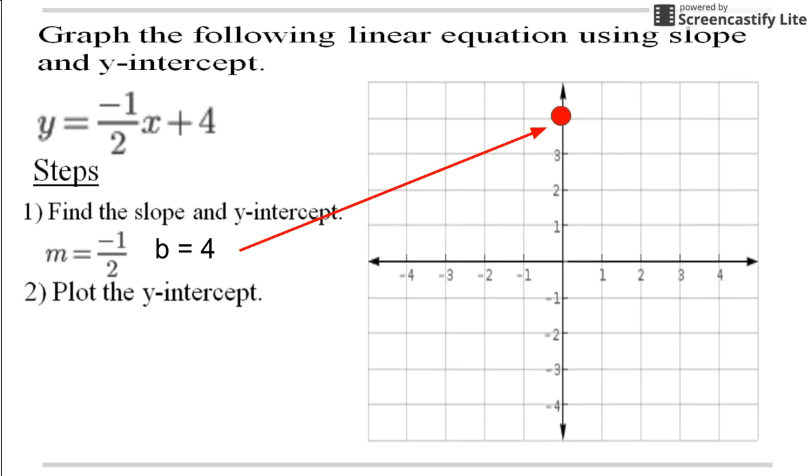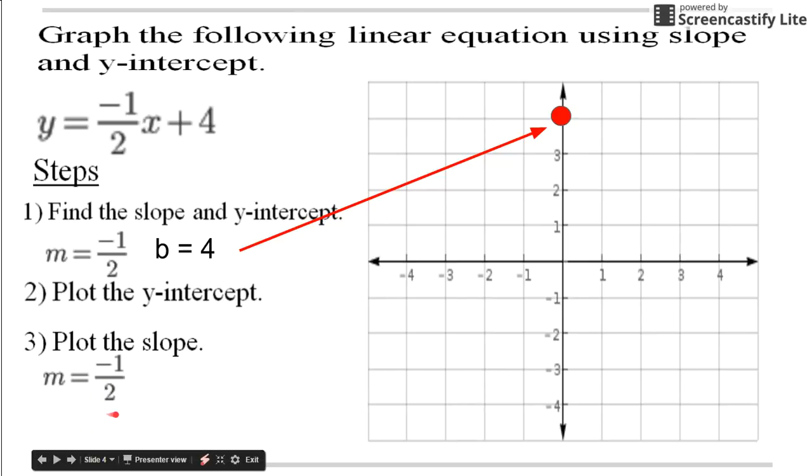Easy breezy. The next thing I do is look at my slope. Based on my slope, I've got to figure out which direction to move. So here is my -1. Well, my -1 can tell me to either move up or down. Because it's negative, I'm going to move down. Then I'm looking at my bottom number, my +2.